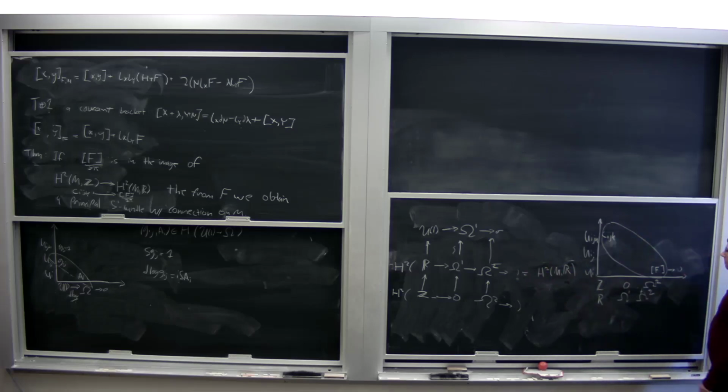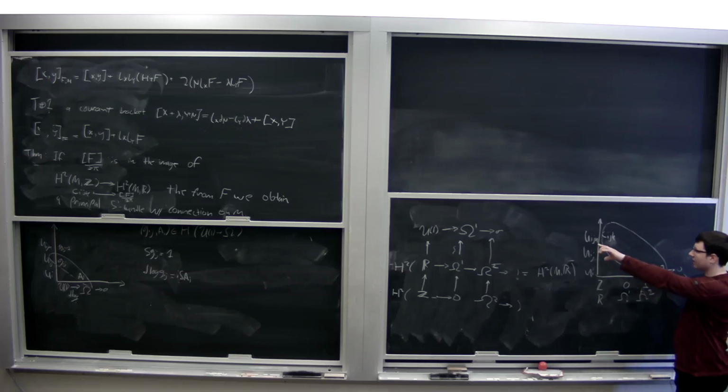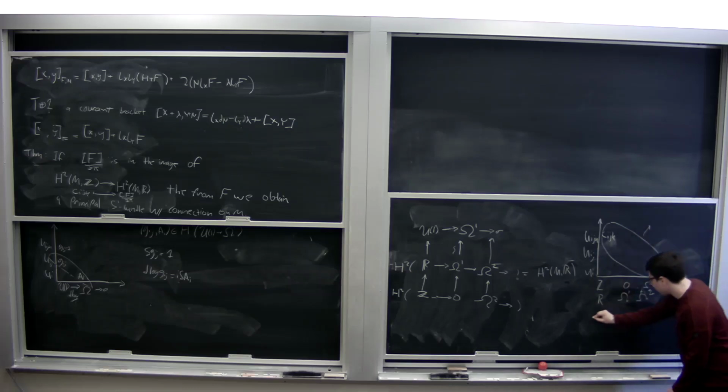Now, in H2 de Rham, the prequantization condition there is exactly the condition that this has the same cohomology class as, well, we transport this to be a 2 form.